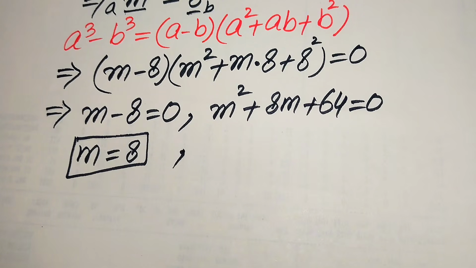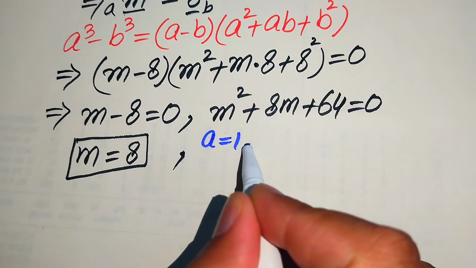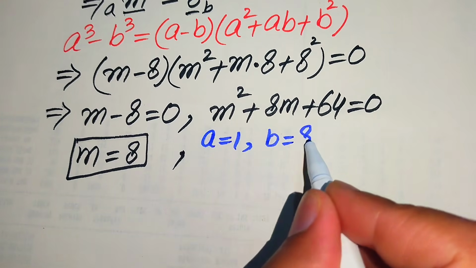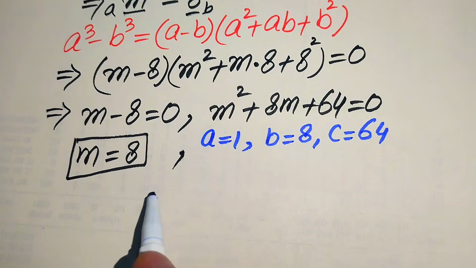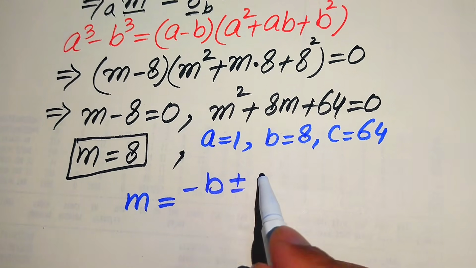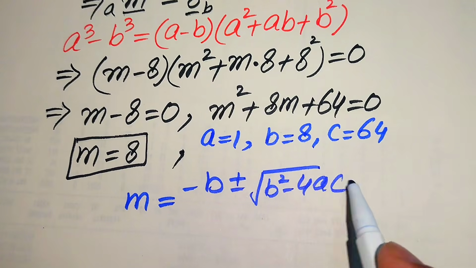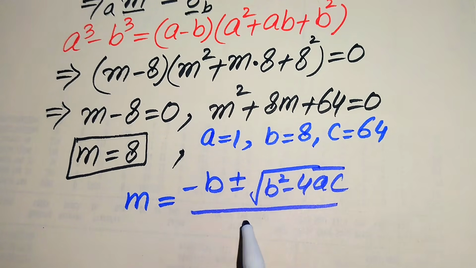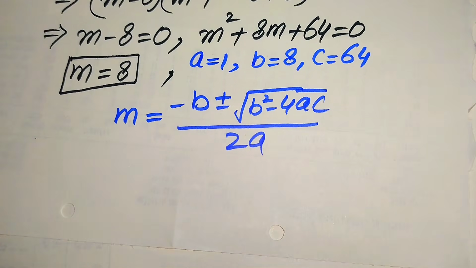Here we use the quadratic formula to solve this quadratic equation, and for this we first write the coefficients of this equation: a equals 1, b equals 8, and c equals 64. We state the quadratic formula as m equals minus b plus or minus square root of b squared minus 4ac, divided by 2a.